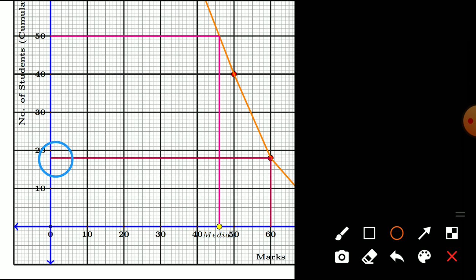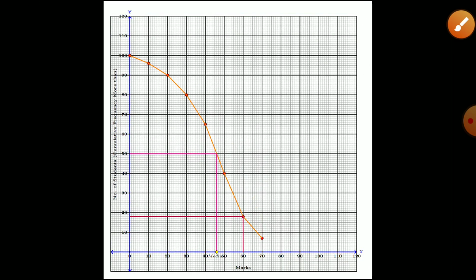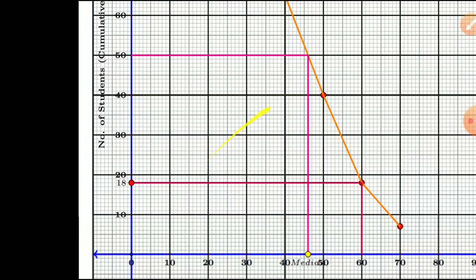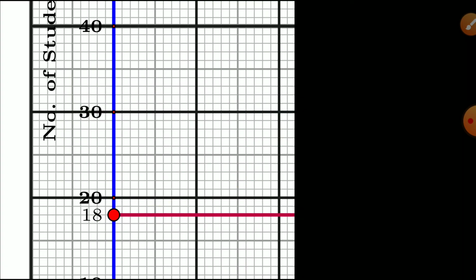So there are 18 students securing first class. The value of that point is 18.